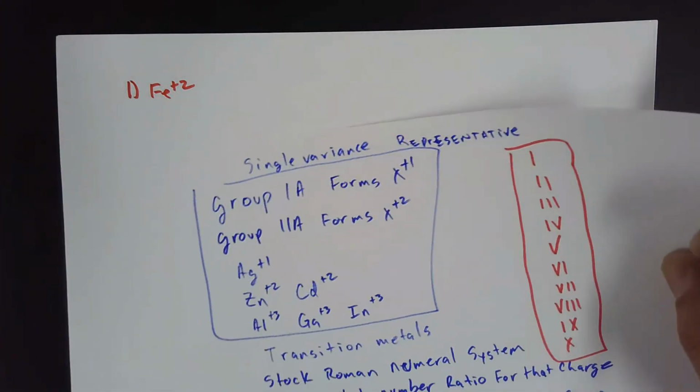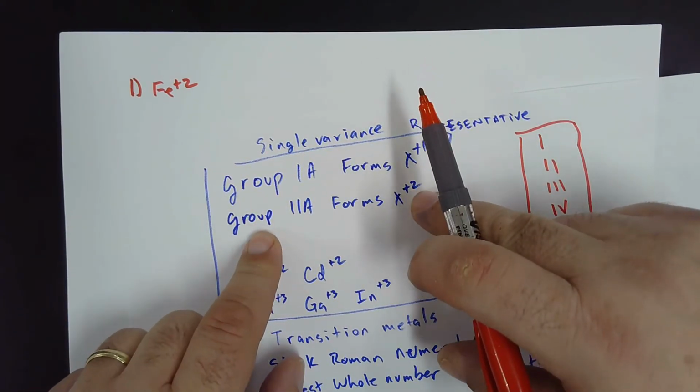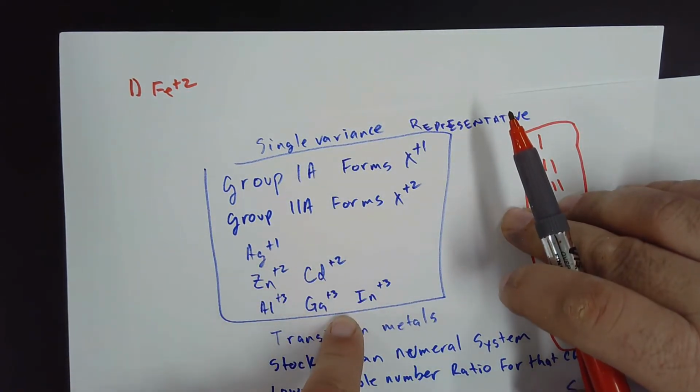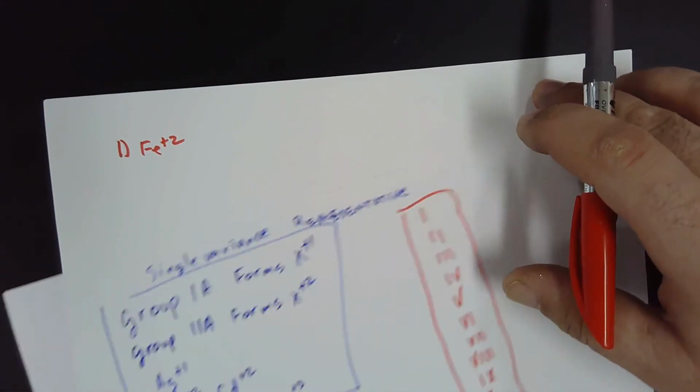Outstanding. This is only for transition metals. What she just asked is absolutely perfect. We know what charge group 1A makes. We know what charge group 2A makes. And we know what charge our stealth bombers make. They only form one type of ion.